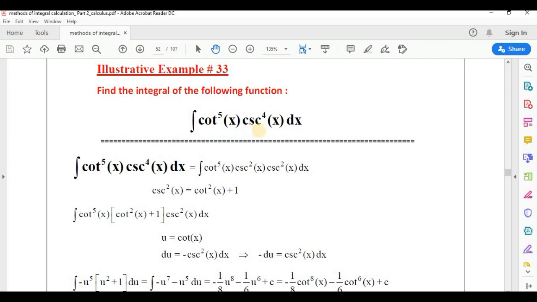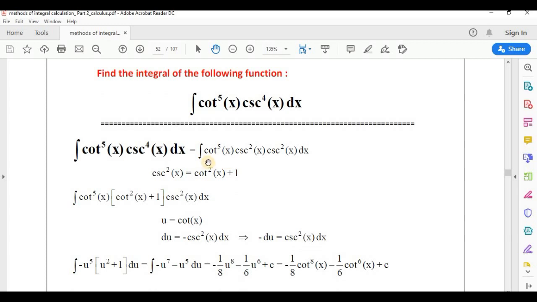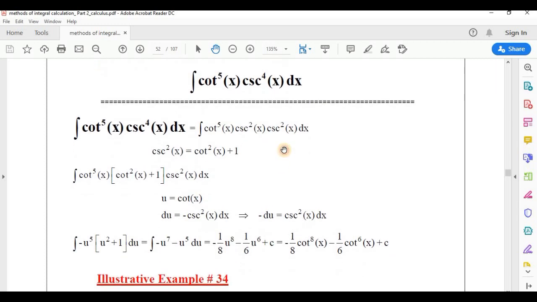What we will do, we withdraw 2 from cosec to get cosec square. So the integral will become integral cotan to the power 5, we will keep it as it is, cosec to the power 4, withdraw 2 to get cosec square. It will become cosec square multiply cosec square x dx.